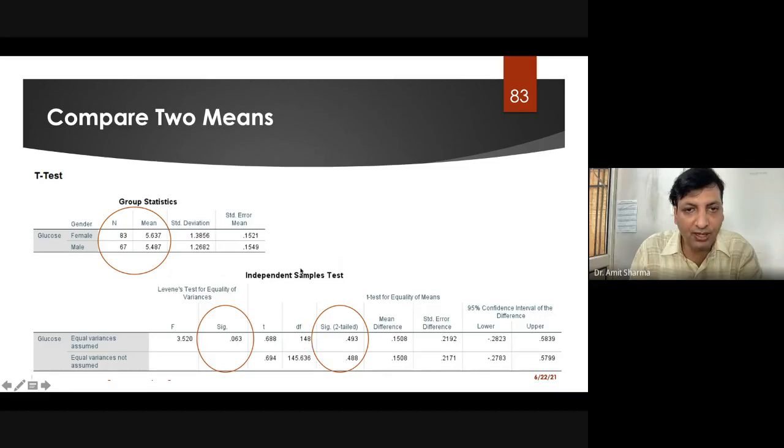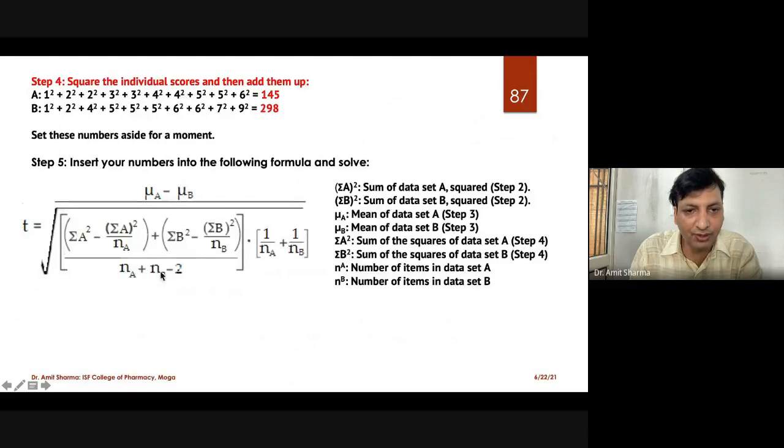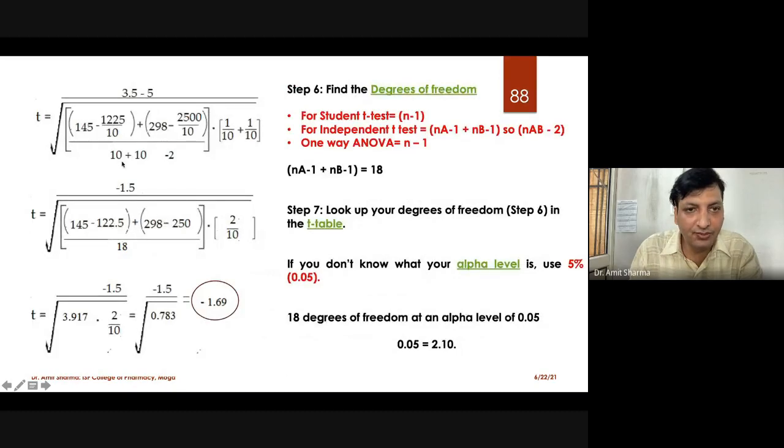The same we are going to get here in the formula. Here, 10 was under group A and 10 under group B, so we got 20 minus 2, which is 18. 18 is the degree of freedom.